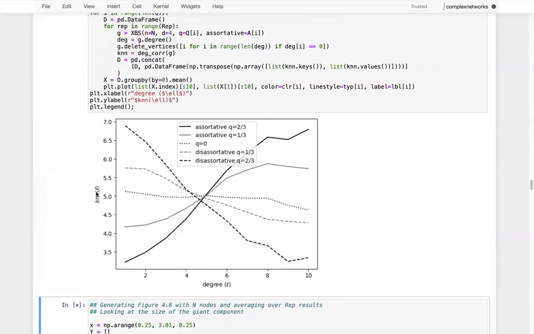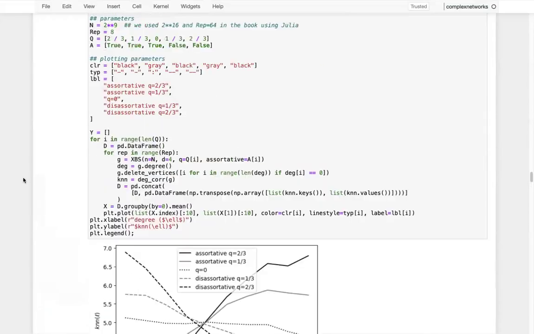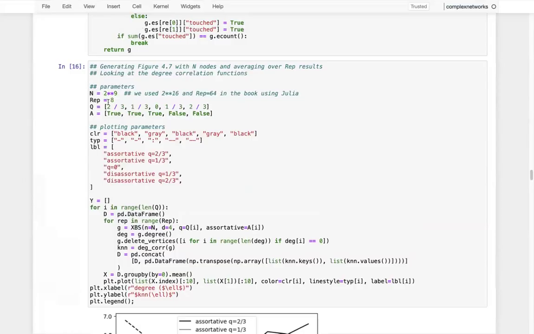That's the average degree of the neighboring nodes for nodes of a given degree. And you can see in the case of an assortative graph, you have your positive slope here. For disassortative graphs, 1 and 3, or 2 and 3, you have those negative slopes. And for the neutral graph, you have essentially a slope of zero. The graph is a little nicer if you take a larger value for n and a larger number of repeats, but this function can be slow.